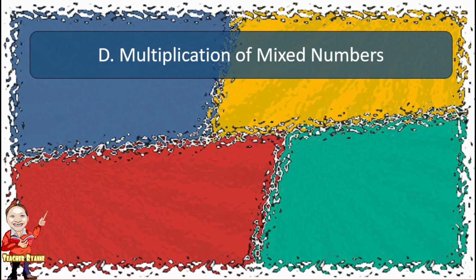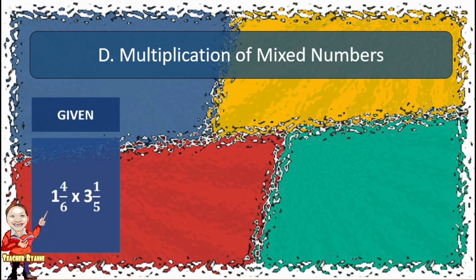What if we multiply mixed numbers? So we are multiplying two mixed numbers. For example, we have 1 and 4 over 6 times 3 and 1 over 5. Again, our first step is to convert the mixed numbers to improper fractions.